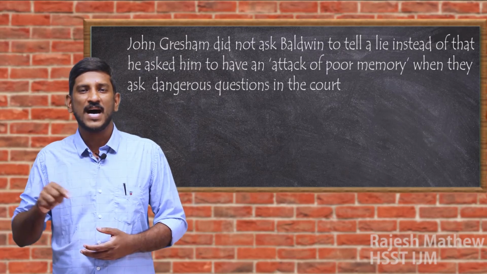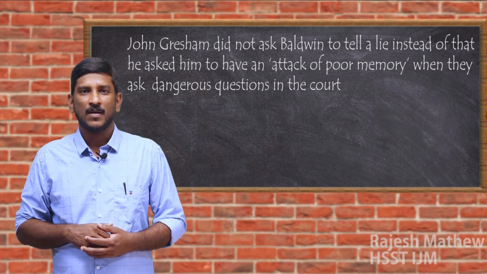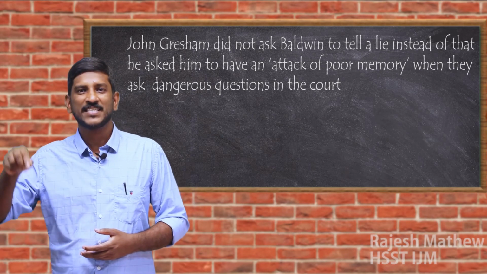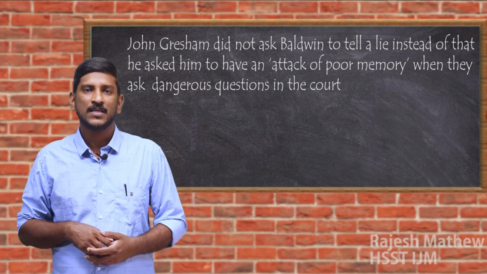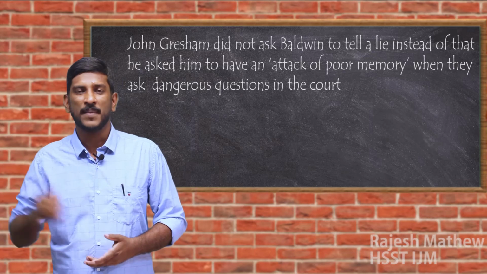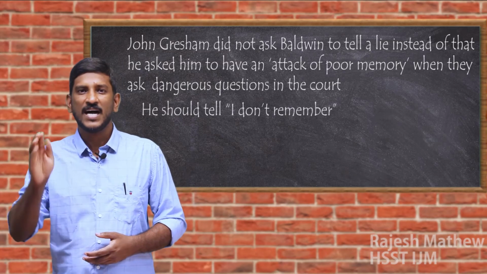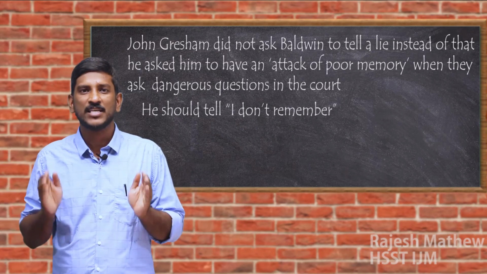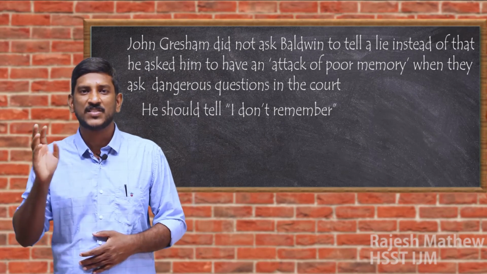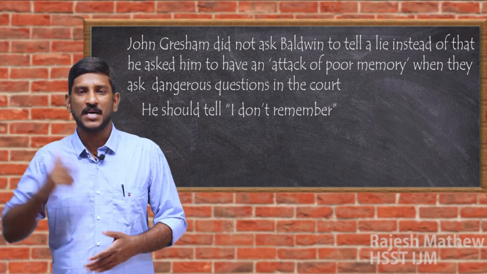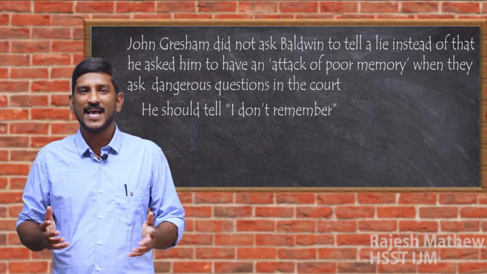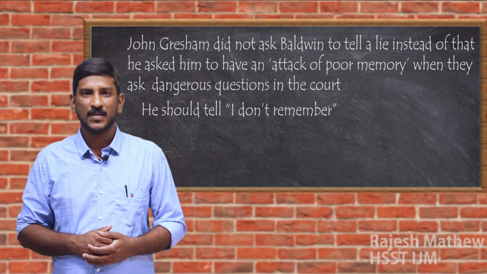When they ask dangerous questions in the court, he should answer, "I don't remember." Just utter those 3 words, "I don't remember," and these 3 words would save Mr. Gresham. The family members are very angry with Gresham.